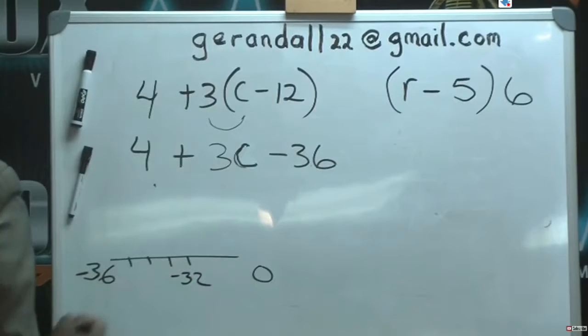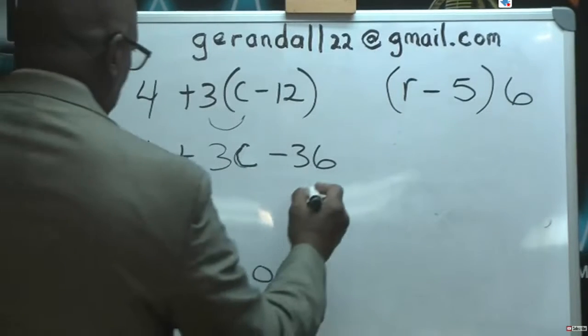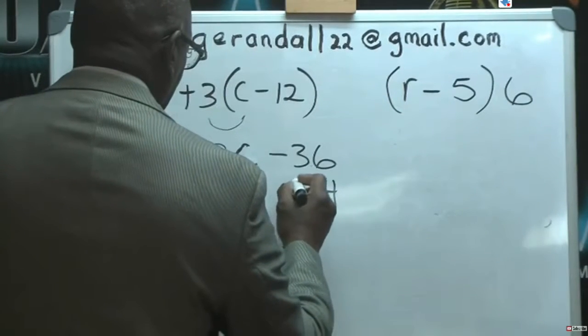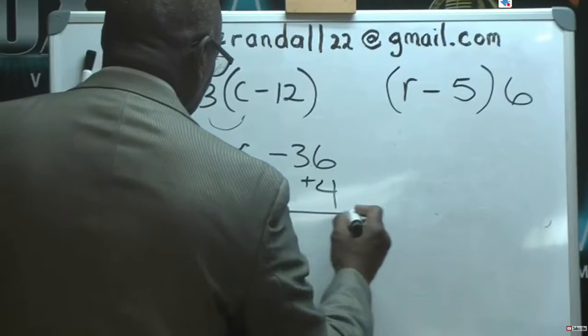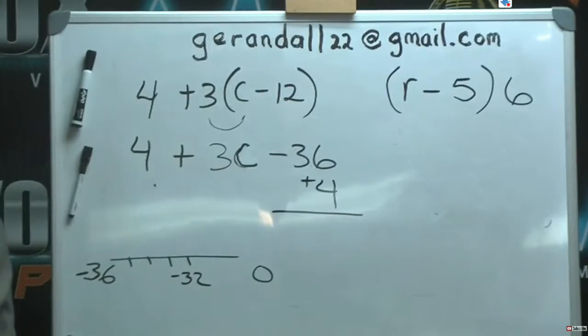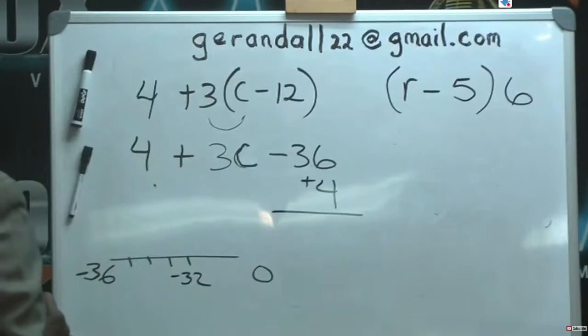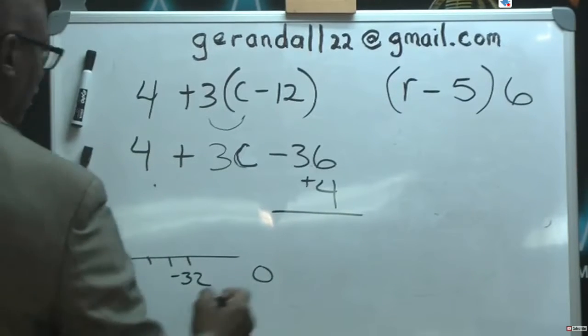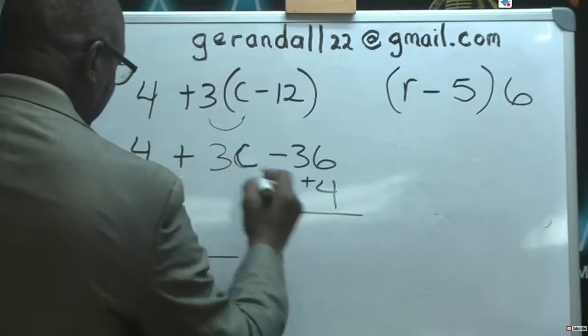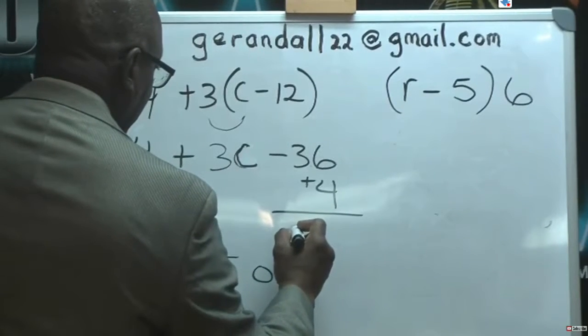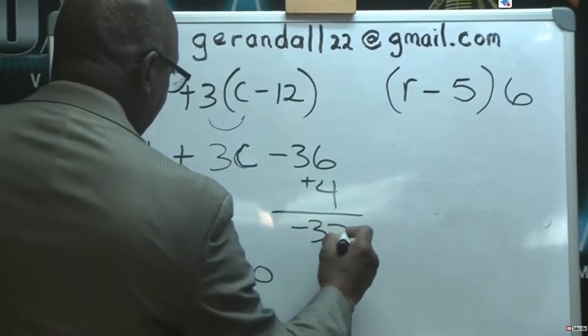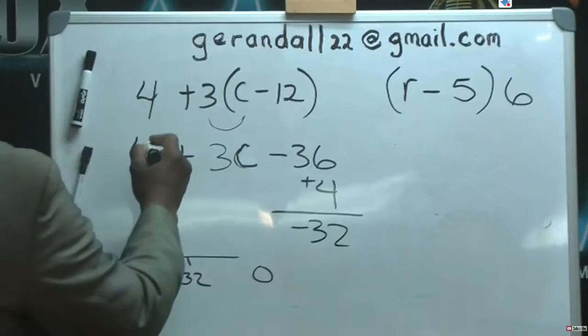And I illustrate that because when you add a positive 4 to a negative 36, we've got to go in a positive direction on our number line. So this portion of this particular problem, that would take care of these two.